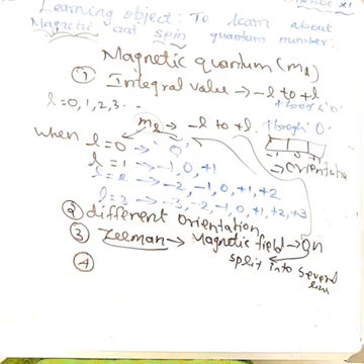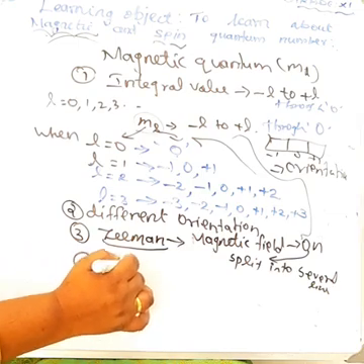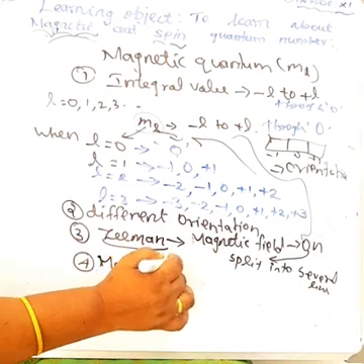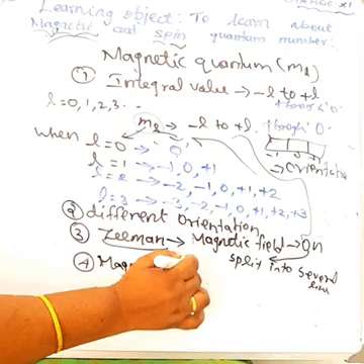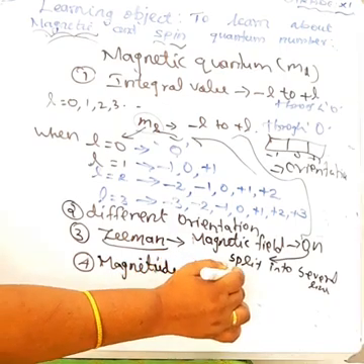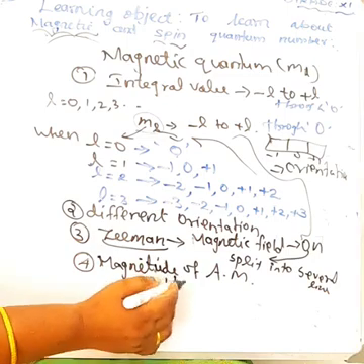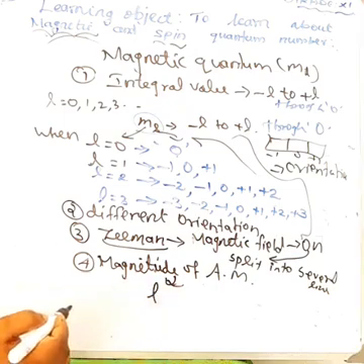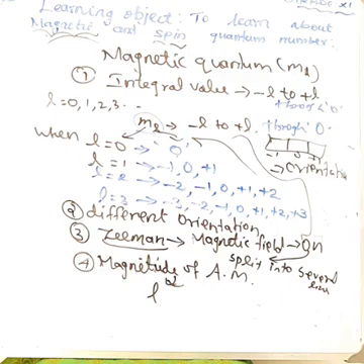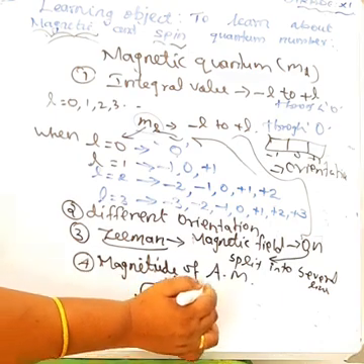The magnitude of the angular momentum is determined by the quantum number L, while its direction is given by the magnetic quantum number. Yesterday we studied the formula to calculate the magnitude of angular momentum: root of L into L plus 1 into h by 4 pi.